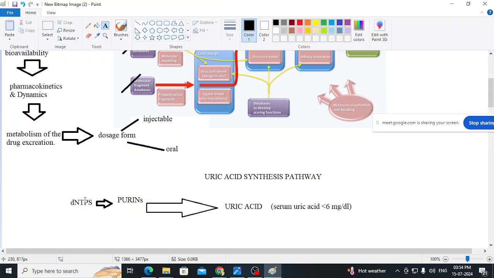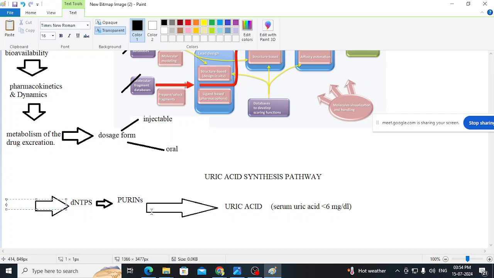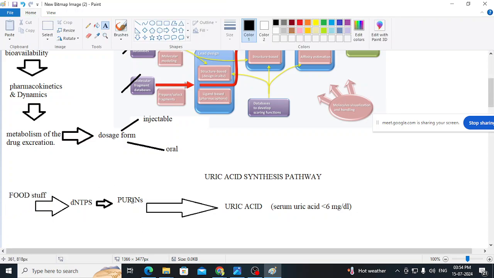Now from where do these dNTPs come? They come from your food, mostly animal food, but plant foods are also there. So let us call it foodstuff. Your foodstuff could be highly rich with cells, which eventually give rise to a lot of purines which eventually turn into uric acid.